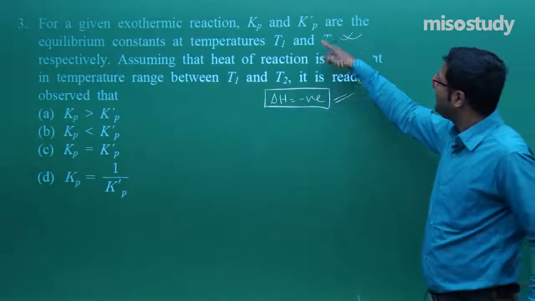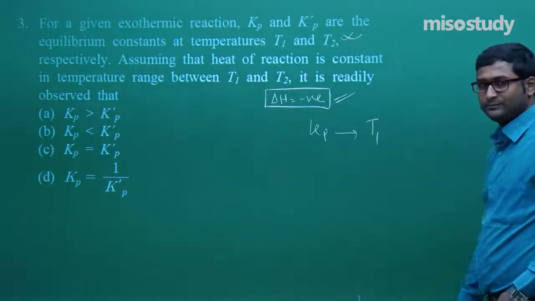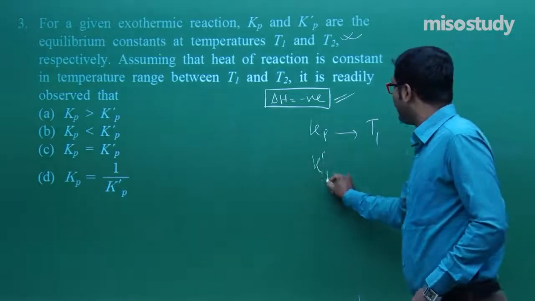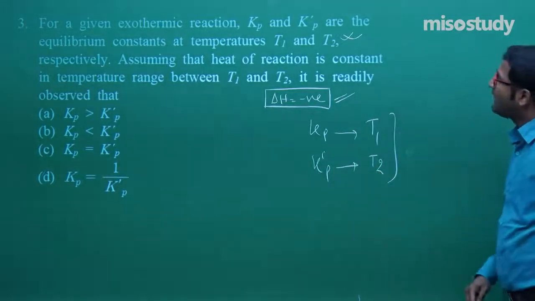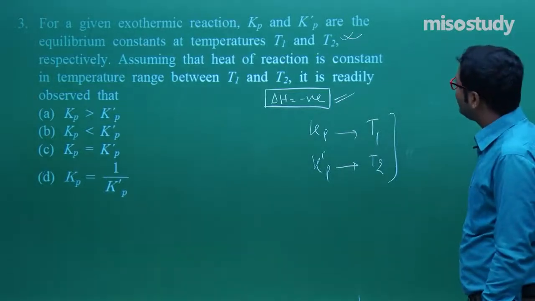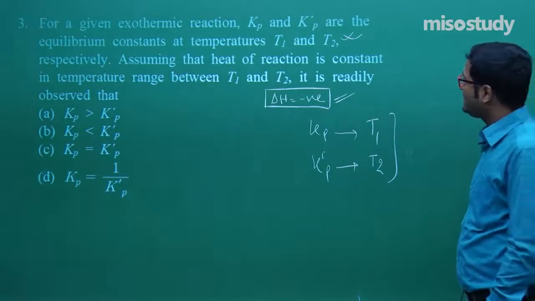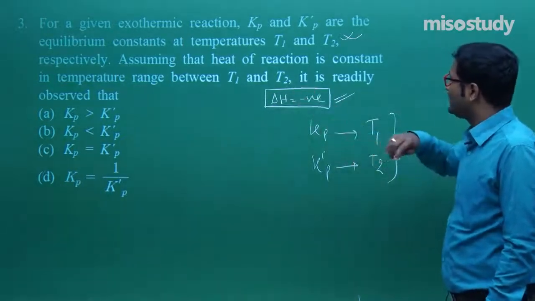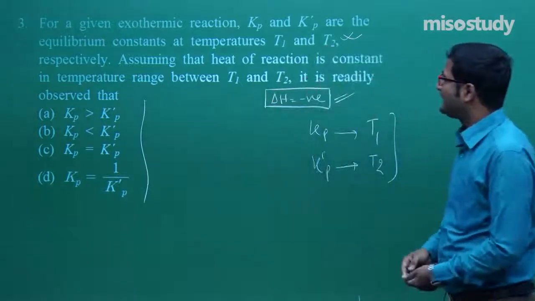Clear? Kp at temperature T1. This is written like this: Kp at T1 and K dash p at T2. Clear to you? Now, assuming that the heat of reaction is constant in the temperature range between T1 and T2, then what is the relation between Kp and K dash p?